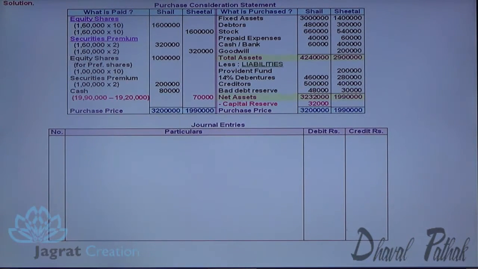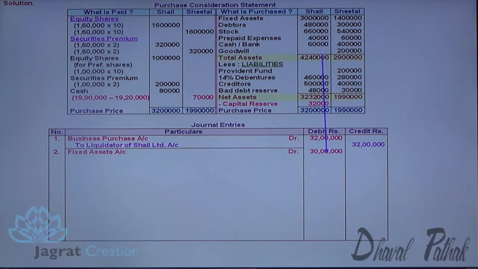First of all, I will write down the entries for Shail Ltd. Business purchase account debit to liquidator of Shail Ltd account credit. You can write narration in your own language. Now, business is made of what? Fixed assets purchased. Debit what comes in? Fixed assets account debit. Debtors account debit. Stock account debit. Prepaid expense account debit.